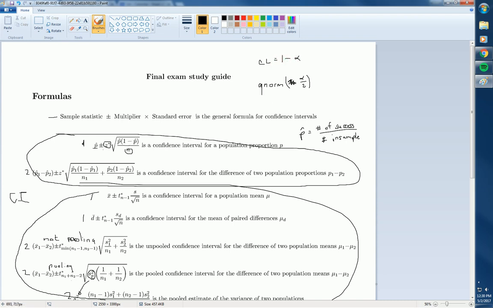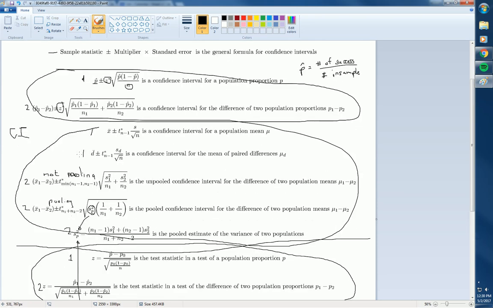So that gives you your z star. Also your z star in the 2 population proportions confidence interval. You have a p-hat 1 and a p-hat 2, which you can calculate the same way as this for each sample if you need to, as the number of successes in that sample divided by the number of trials, or sample size, in the denominator, and p-hat 1 minus p-hat 2 right there.